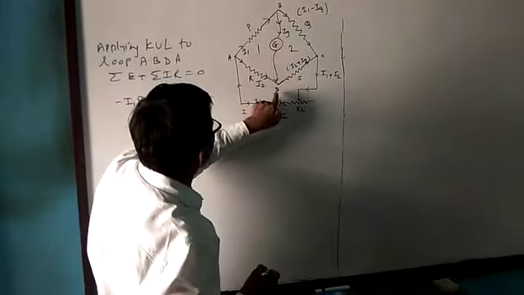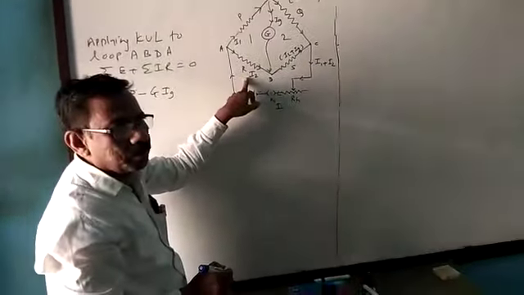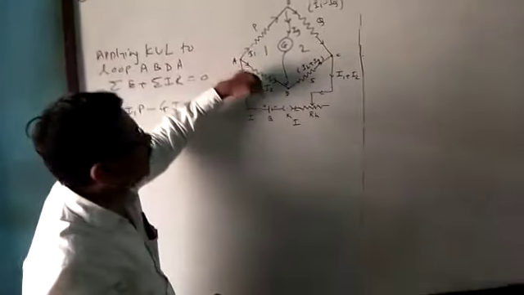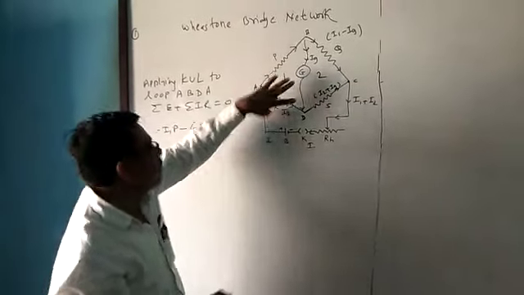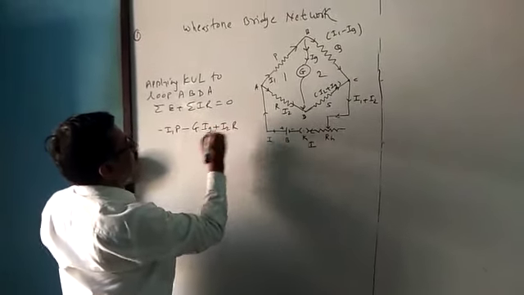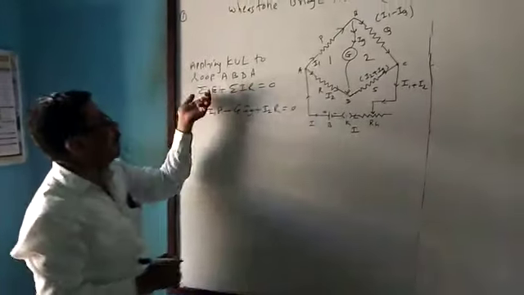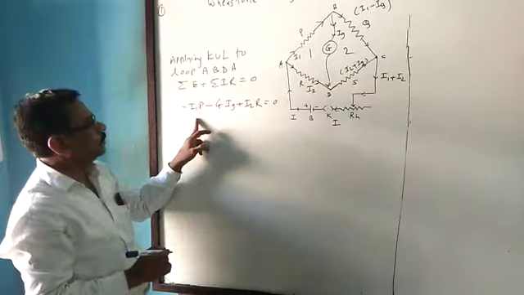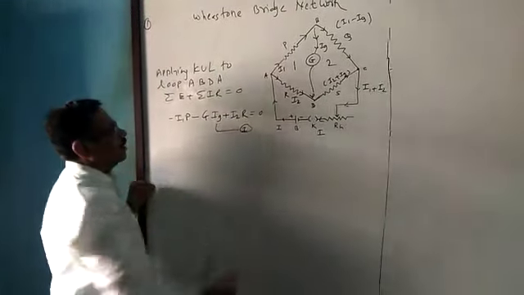Again, the current flows from D to A, but here the current is opposite to the sense of the circuit, hence that potential difference is taken as positive, so plus I2 into R is equal to 0. No EMF is there, and this is the first equation.